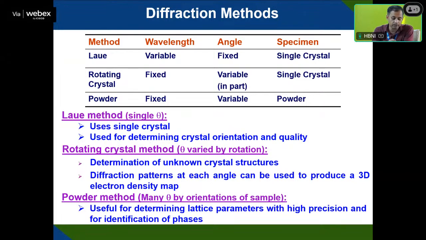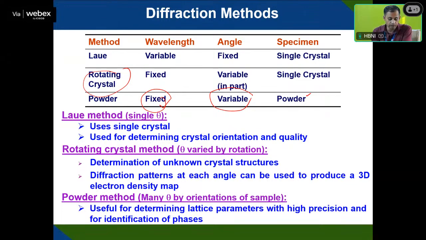Similarly, in the rotating crystal method, the wavelength is fixed but the angle is varied. That is also used for a single crystal. But in case of powder, the wavelength is fixed and the angle is variable. So this is the powder spectrum. So either single crystal or powder, depending upon the material you can choose which one to use to get the proper crystal structure.